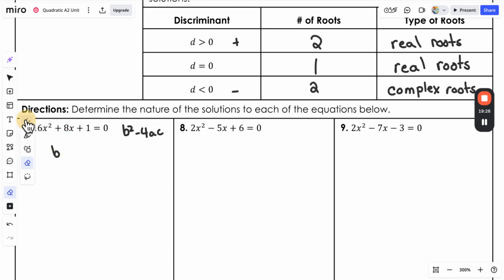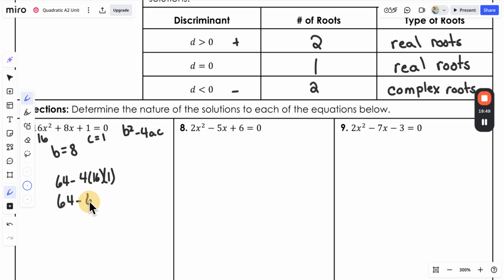A is equal to 16, and C is equal to 1. We plug it in. 8 squared is 64 minus 4 times 16 times 1. That gives me 64 minus 64, which is going to be equal to 0. That means that I have one real root.